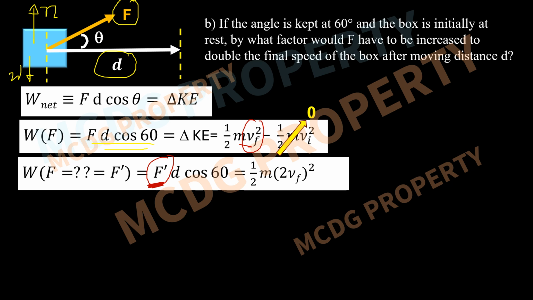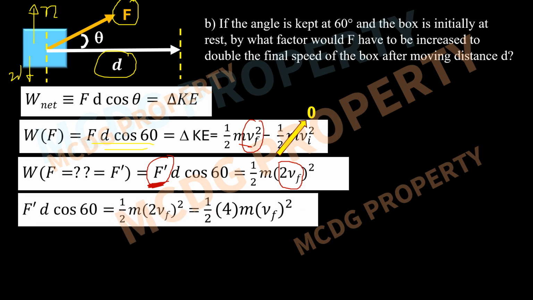So the kinetic energy is 1/2 m. Now the condition for the new force F prime is to double the final speed. That's why we have here 2 vf, twice the original final speed, then squared. So we can write this expression as F prime d cosine 60 is equal to 1/2 times 4 m vf squared.